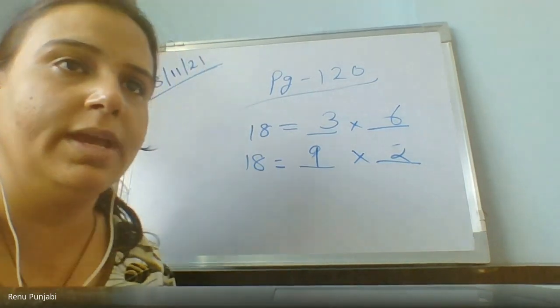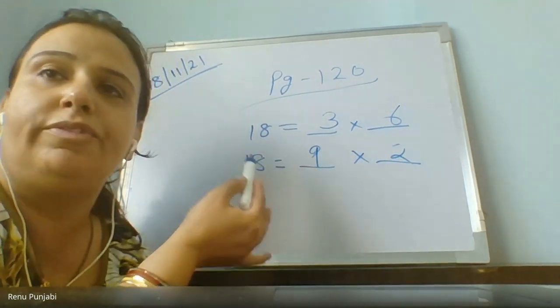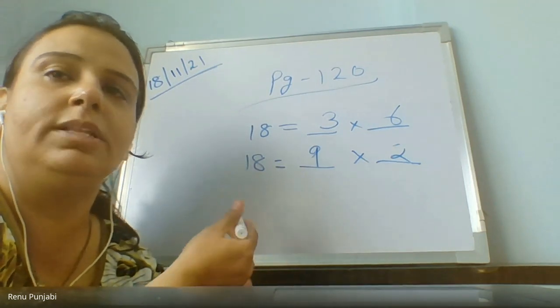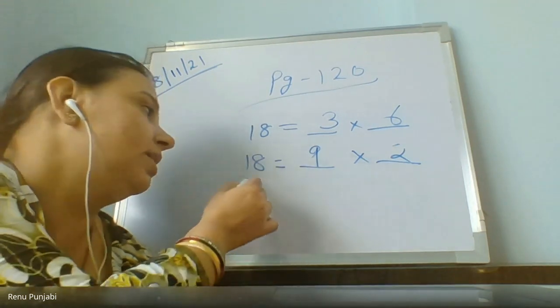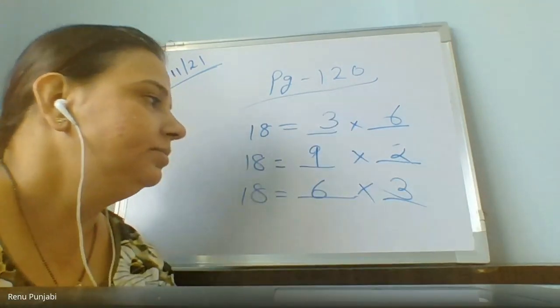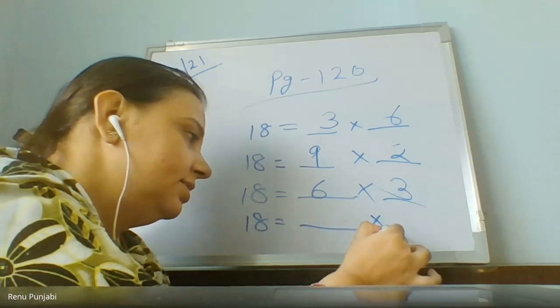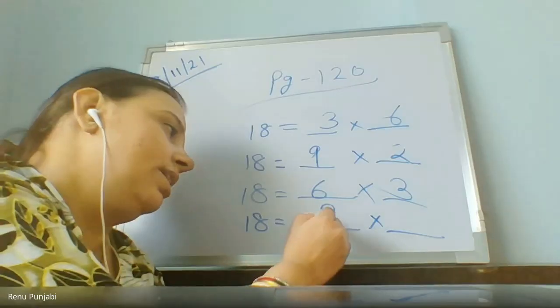There are different ways. Any other way, Tej Kumar? You have two blanks, only fill them, and then for practice we will do the others also. 6 threes are 18. Very good. Yes, Manya: 2 nines are 18.